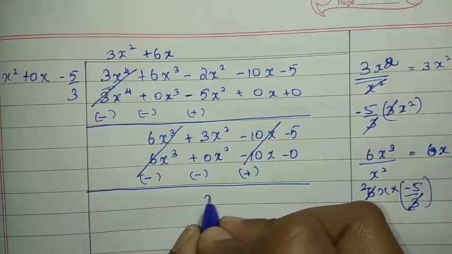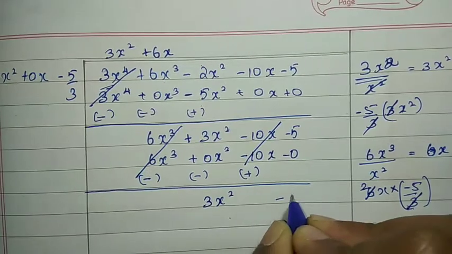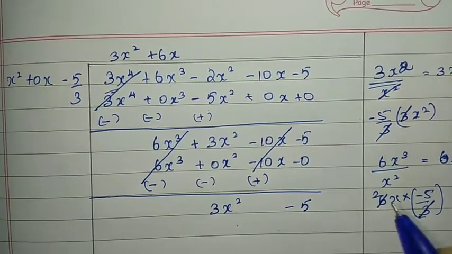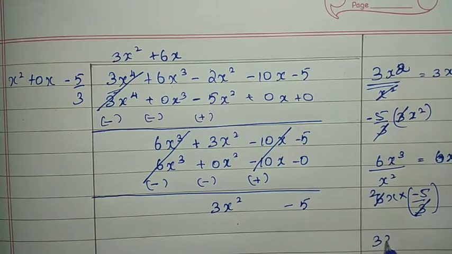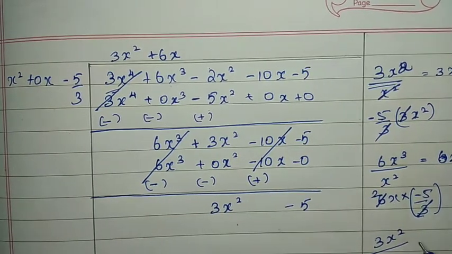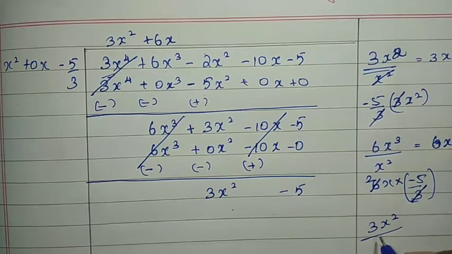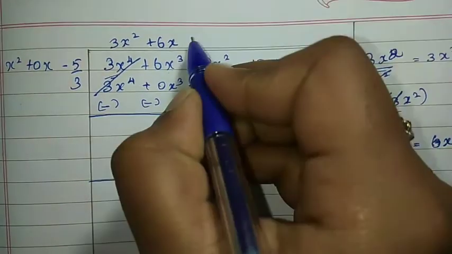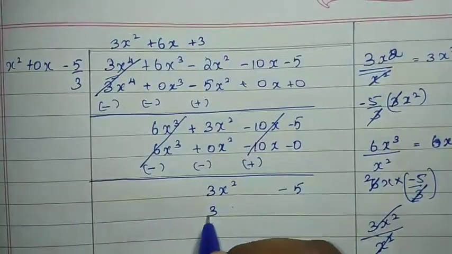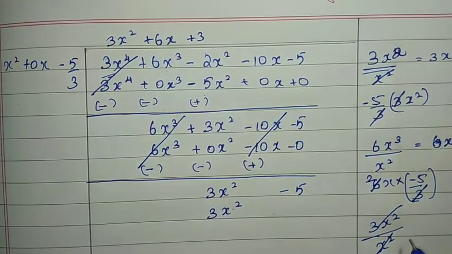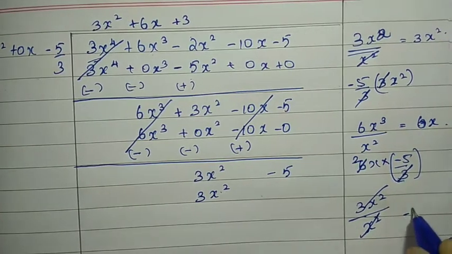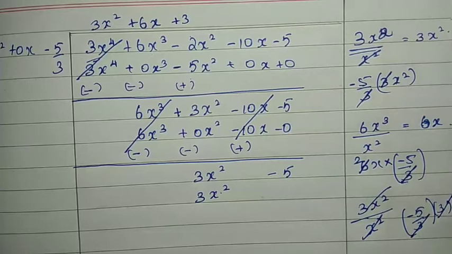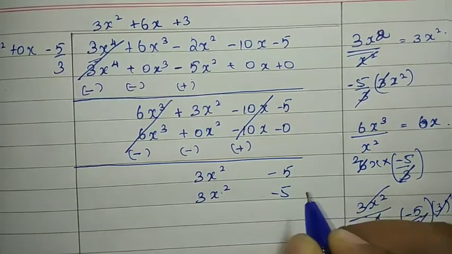So next I will have 3x² − 5. This is my answer here, no? So next I will have 3x² here, and here it will be x², so I will add 3. So 3x² minus, here I have 5/3 into 3, so I will cancel this 3 and 3. So I will have minus 5.